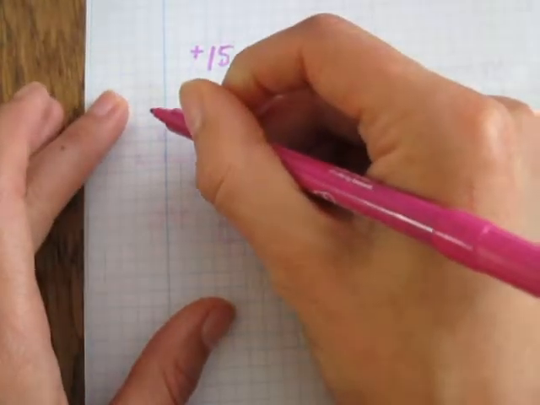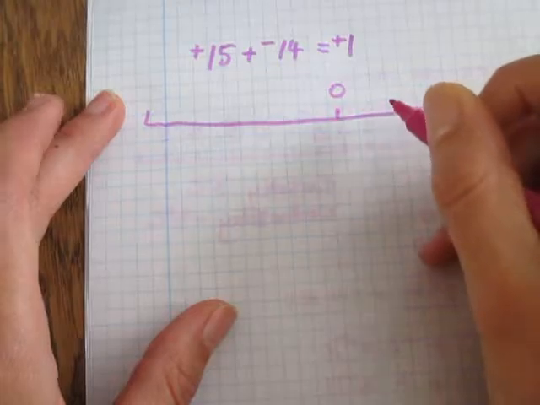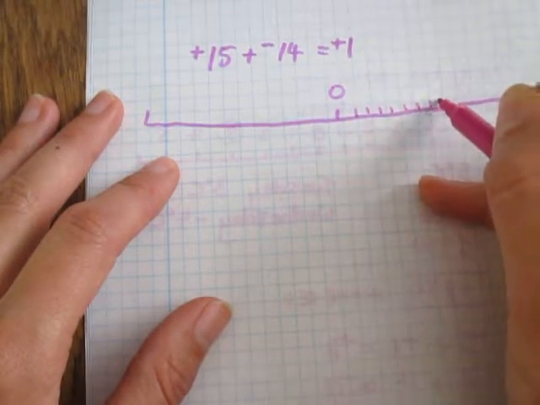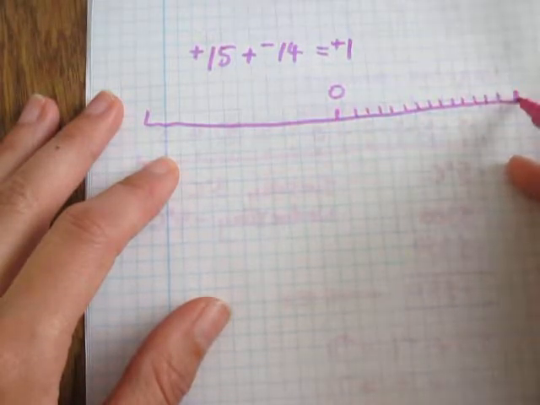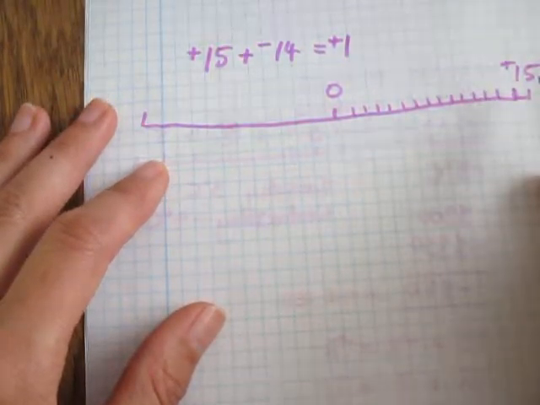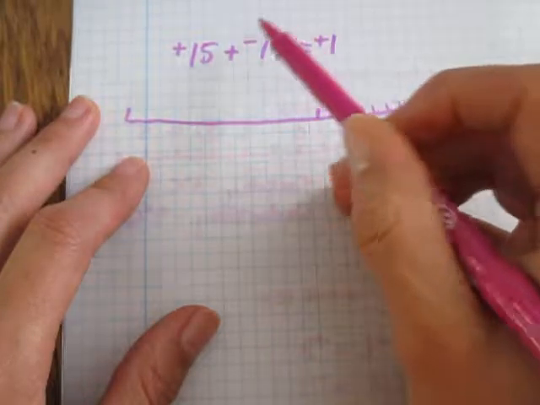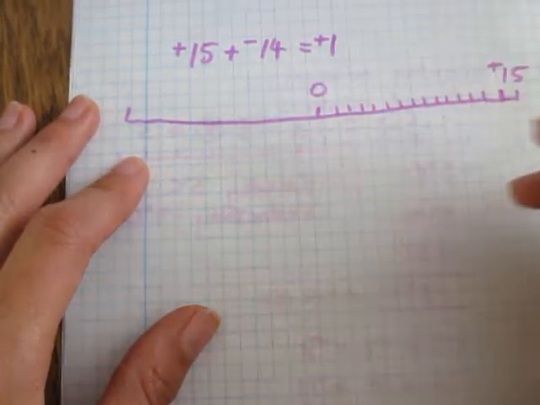We can also see it on a number line. 0, 1, 2, 3, 4, 5, 6, 7, 8, 9, 10, 11, 12, 13, 14, 15. So we've got plus 15. Then we're going to travel in the direction of minus 14. So we go back in the negative direction.